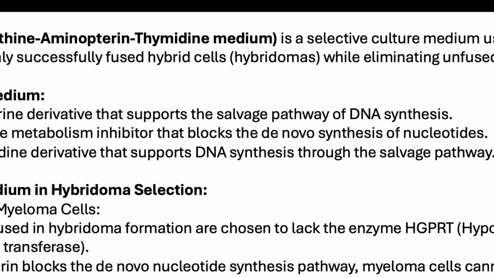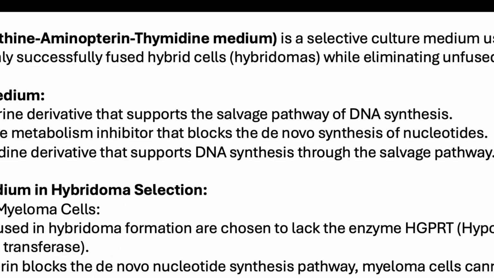B lymphocytes have a functional salvage pathway, so they can survive in HAT medium. This is the key point: B lymphocytes can function through the salvage pathway, while myeloma cells cannot. Only fused cells, which have both the properties of the B lymphocyte and the myeloma, will survive in the HAT medium.